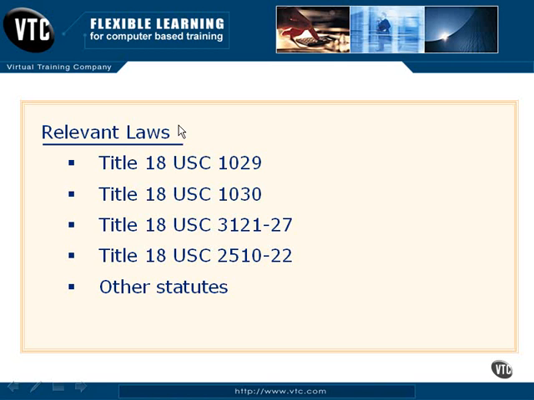The first one we're going to talk about is Title 18 USC 1029. Basically this defines telecommunications and some of the limitations of devices on telecommunication networks. This was originally built in the days of Kevin Mitnick and exploits using public phone systems.